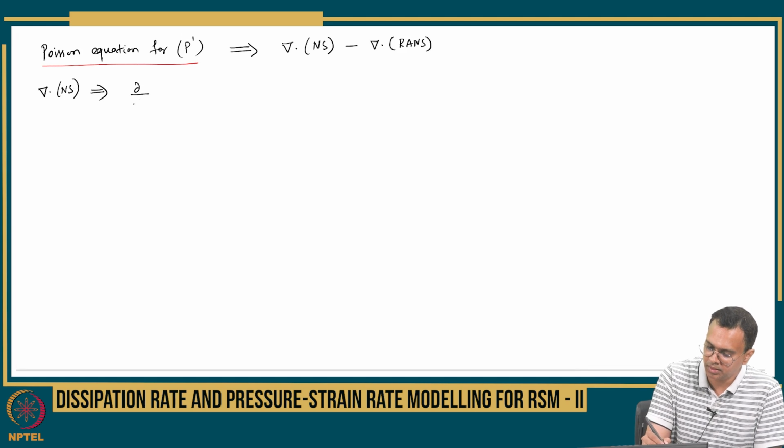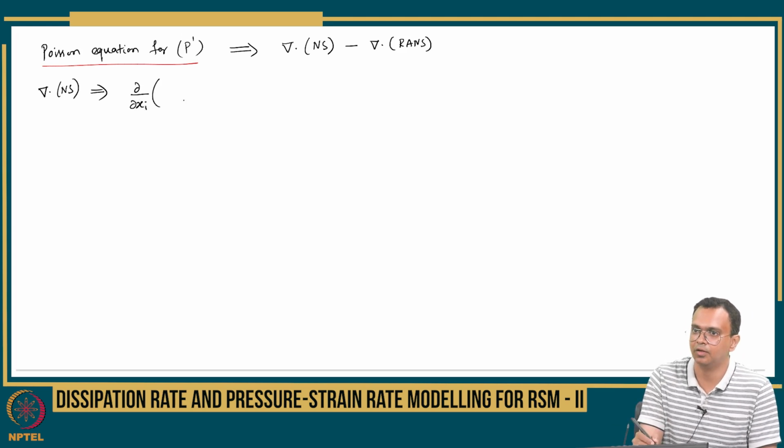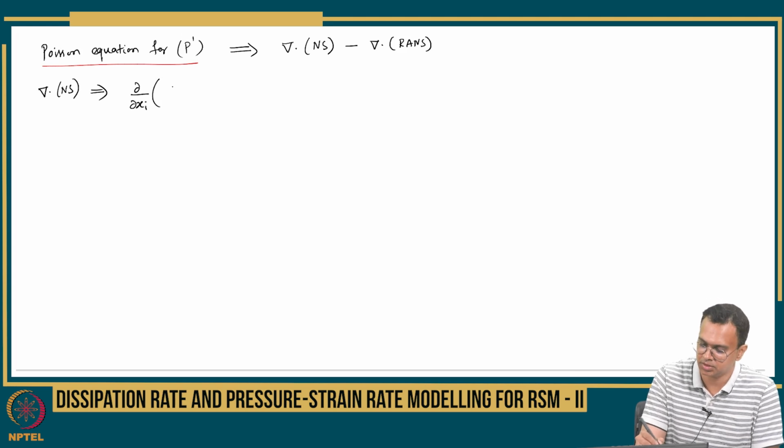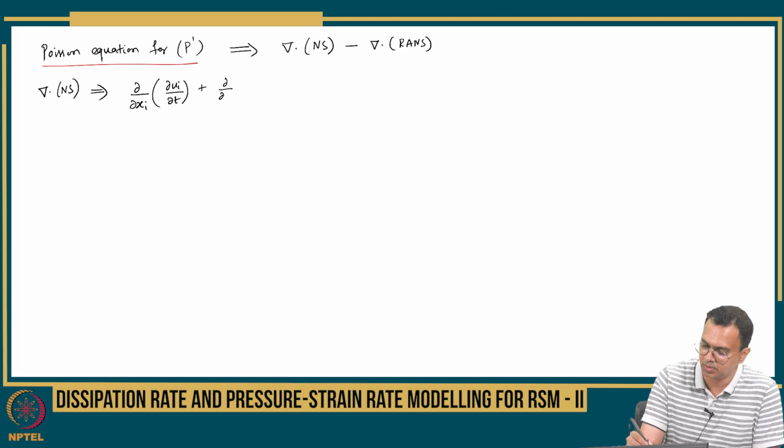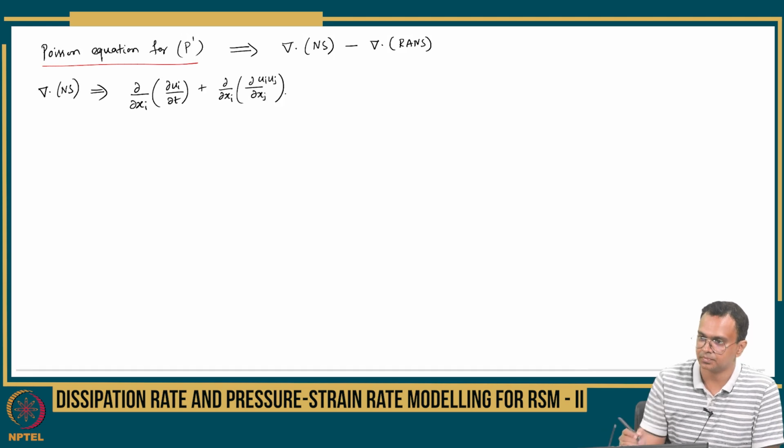So it's dou by dou xi of the left hand side of your Navier-Stokes equation, which is dou ui by dou t plus, I am adding this divergence term everywhere. So dou by dou xi of dou ui uj by dou xj, your advection term.